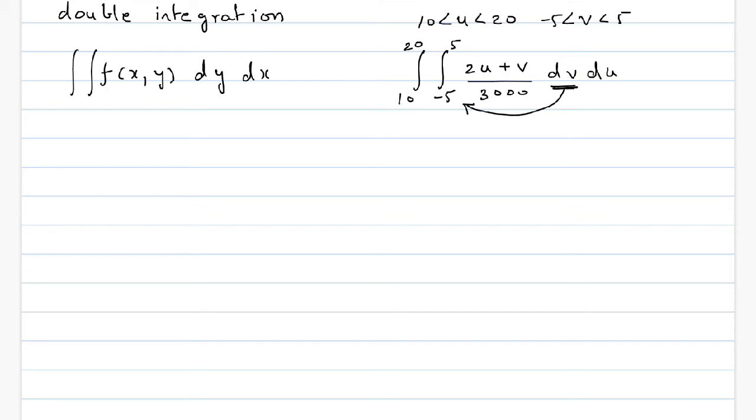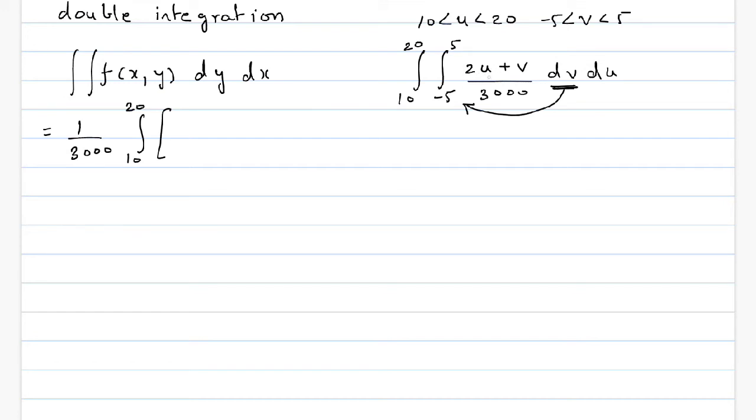So now when we integrate, first of all 1 by 3000 is just a constant, it will come out, and then we will integrate with v first. We can integrate with u first as well, we'll see that afterwards. Now when we integrate with respect to v, our u is going to stay constant.